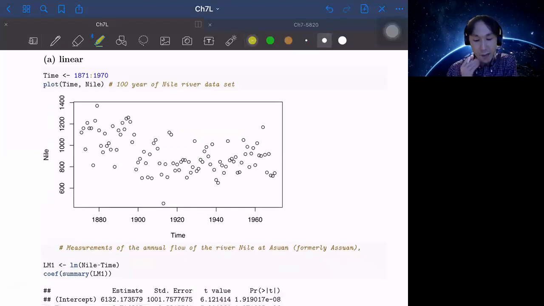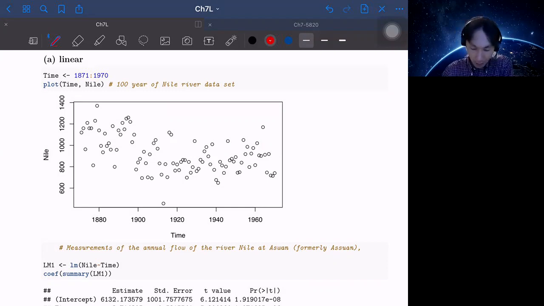So often time series data is a good example to apply polynomial regression, because we have some complicated pattern. So this is the Nile River water level data. This is annual data from 1871 to 1970.